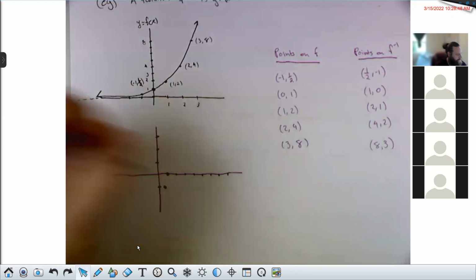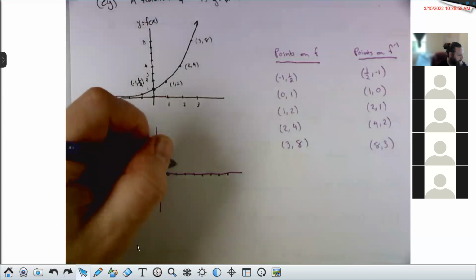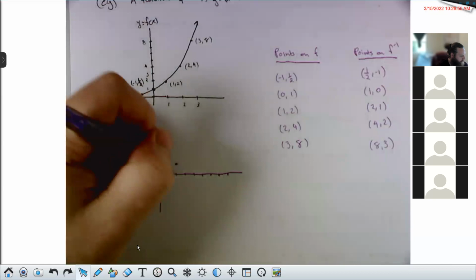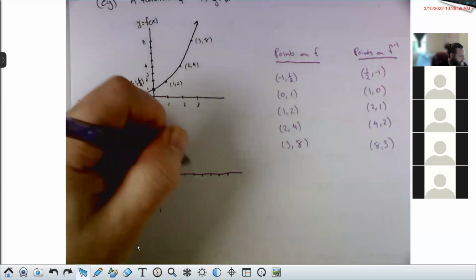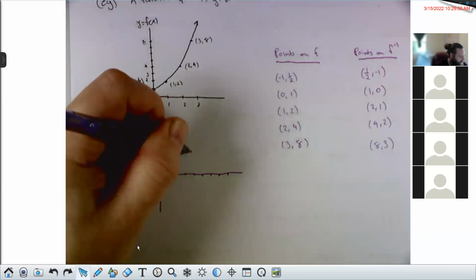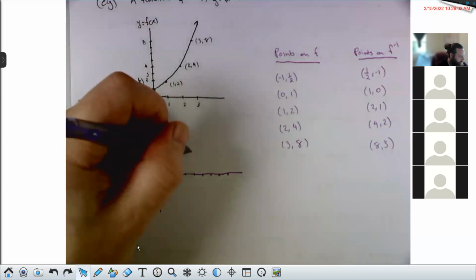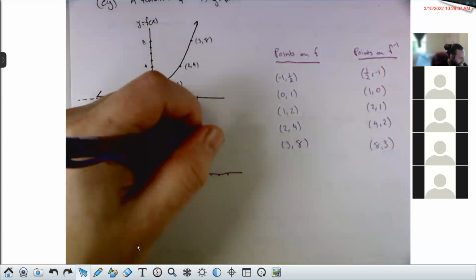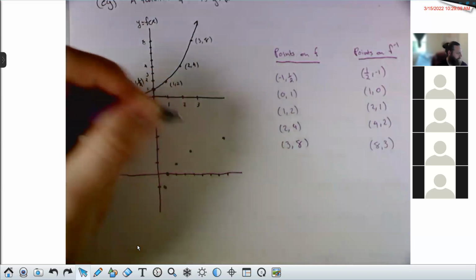That's right here. (2, 1). That's right here. Let's see, 1, 2, 3, 4, (4, 2). That's right here. And (8, 3) would be right about here.